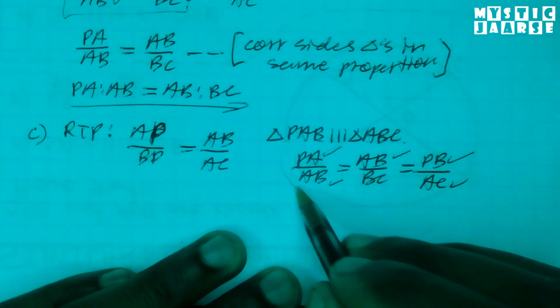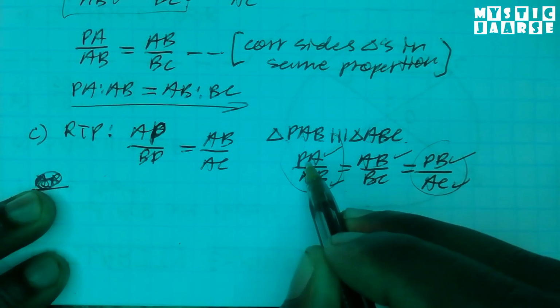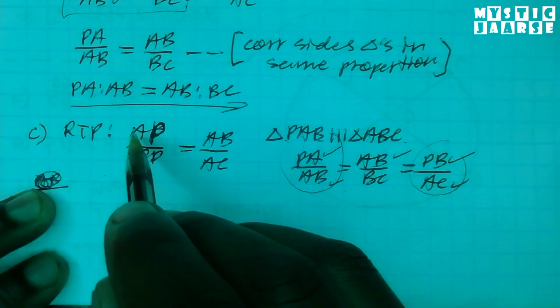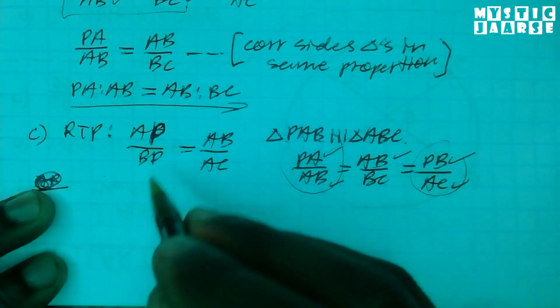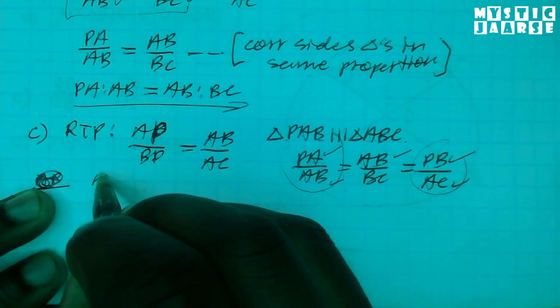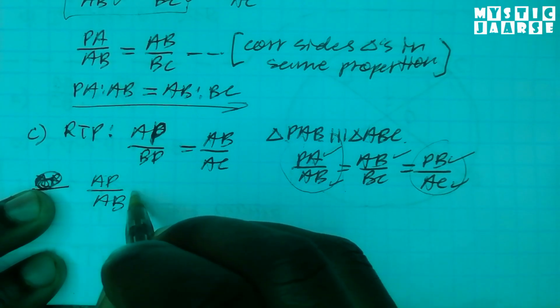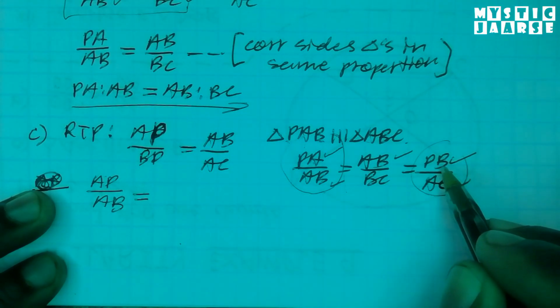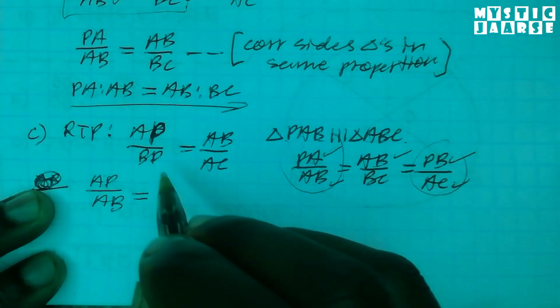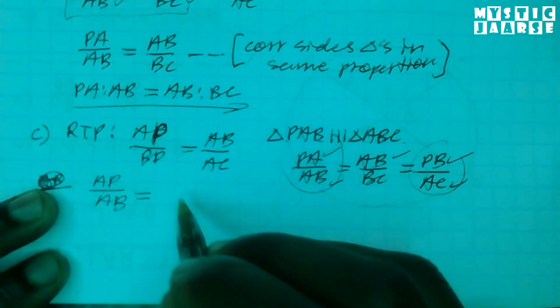So we will be taking this pair. I'm going to write PA as AP so that we have similar statements. AP divided by AB is proportional to PB. I'm going to write it as BP because this is how it appears here.